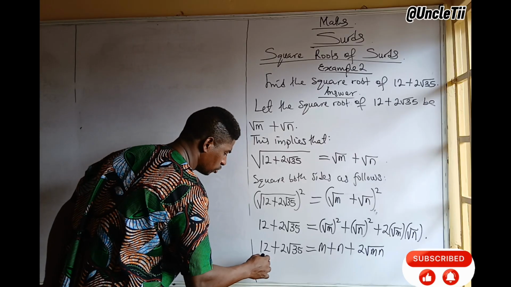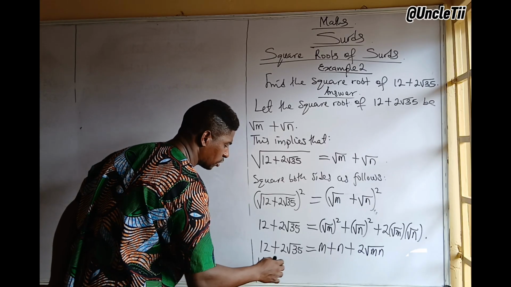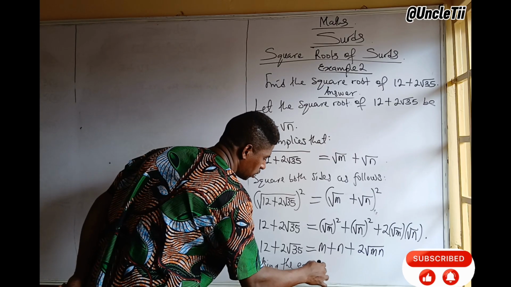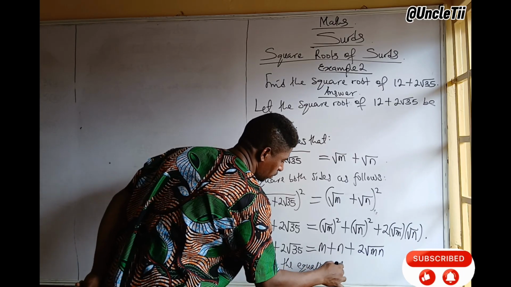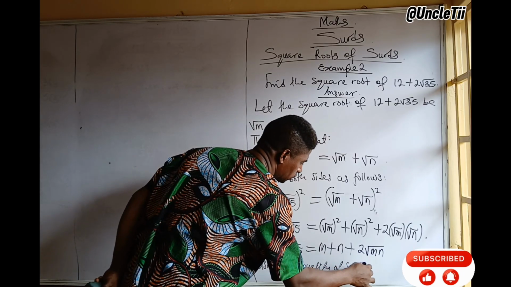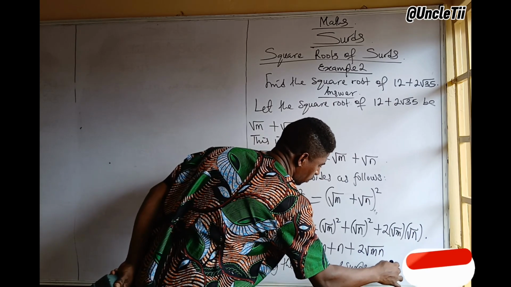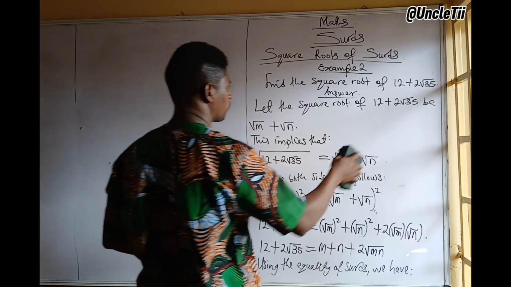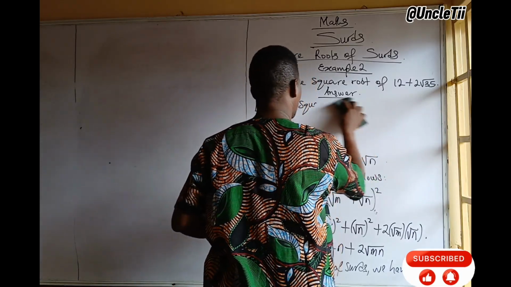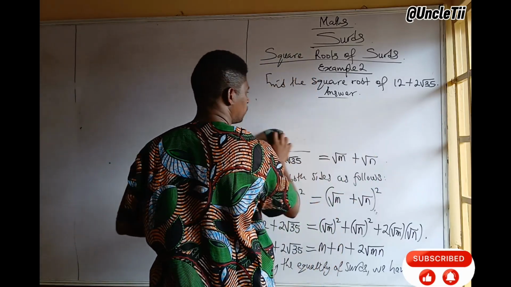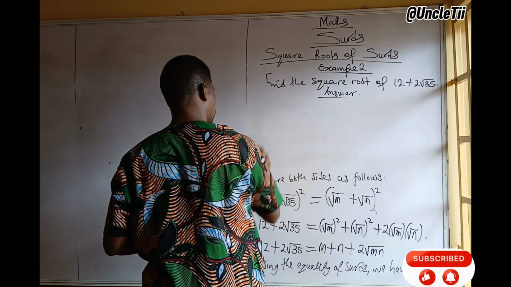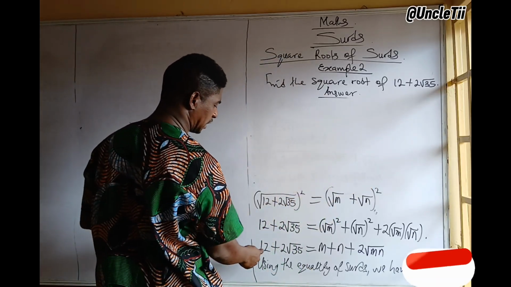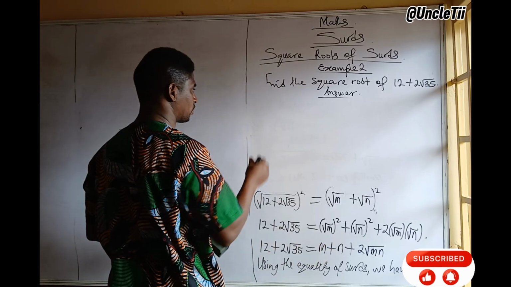So we can now use the concept of equality of surds. Using the equality of surds, it means that this constant will be equal to that constant.